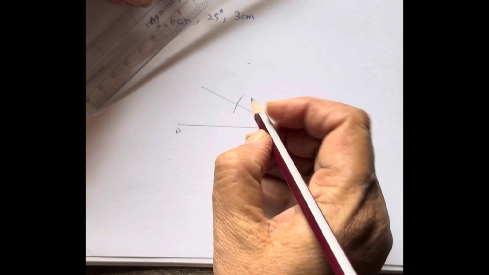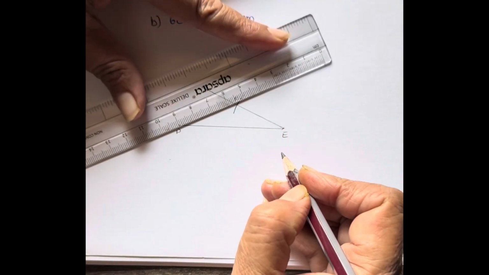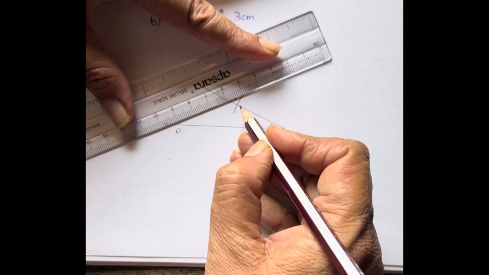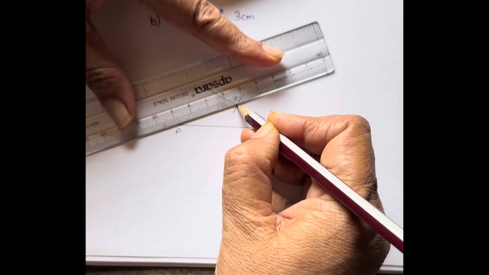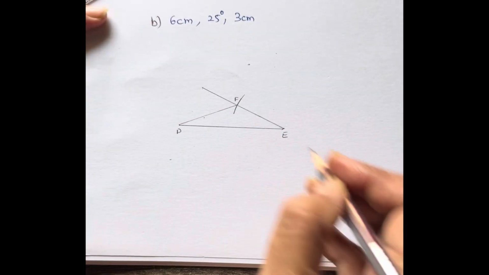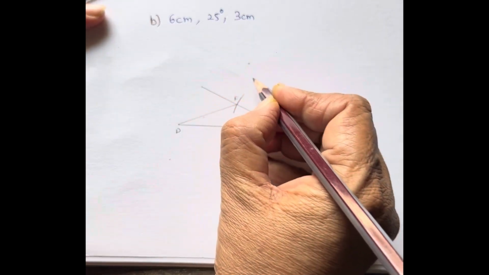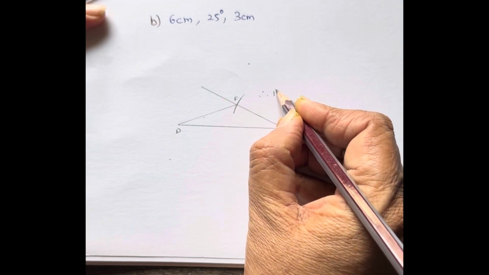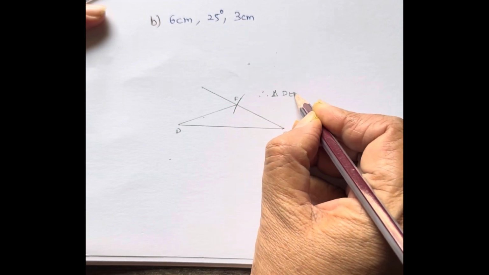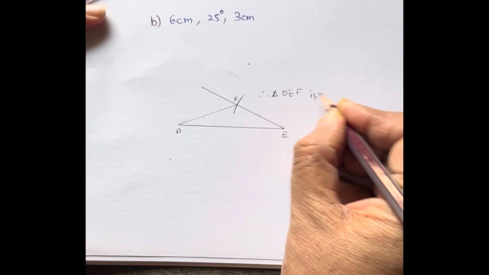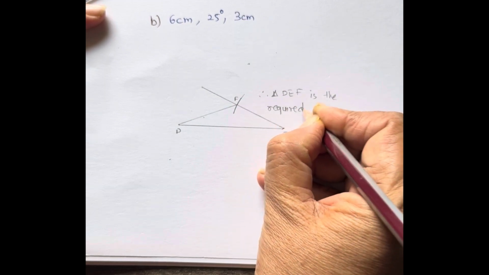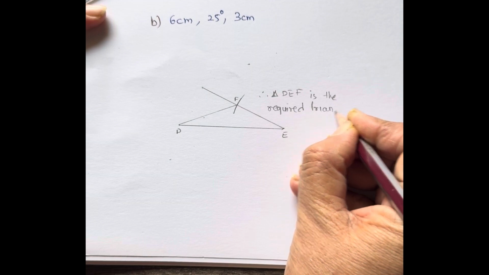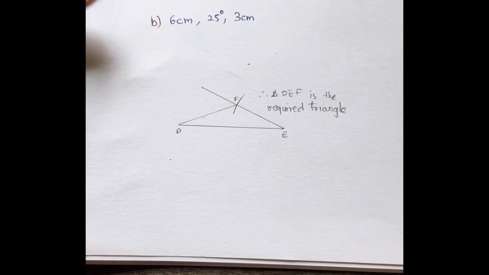We can name this point as F. So we can join D and F. Therefore, triangle DEF is the required triangle. Okay, so this is question number B.